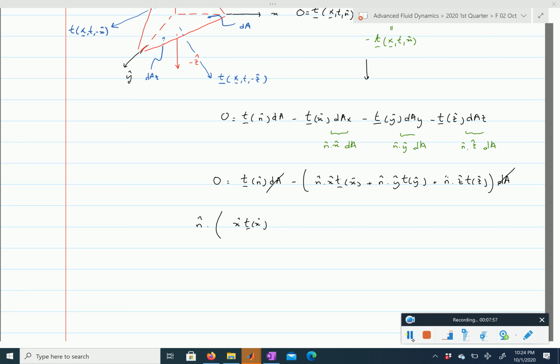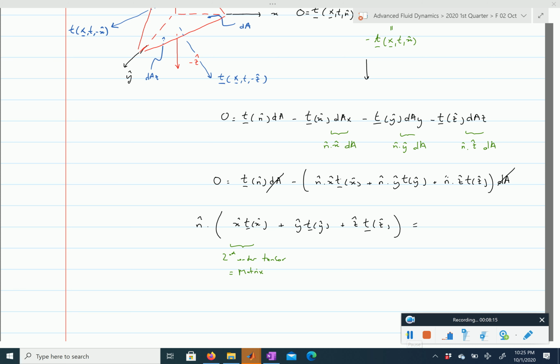Note that this is the outer product between a vector and a vector, so this here is a matrix, plus the outer product between the unit vector y and the stress vector on the surface of normal y, and same for z.